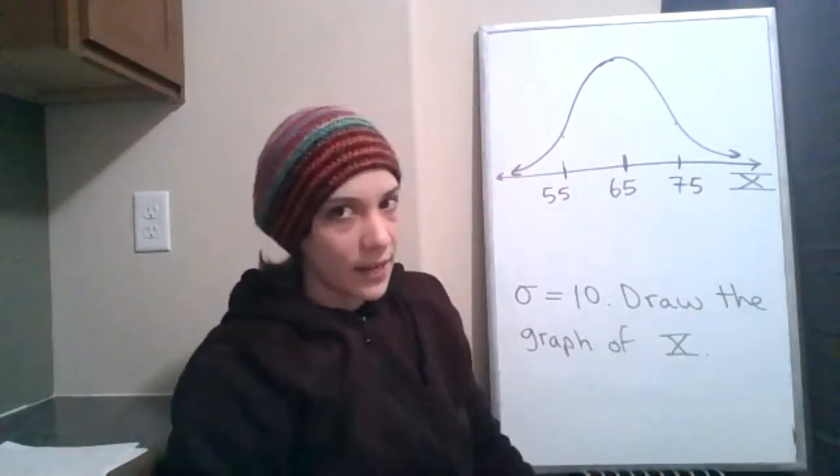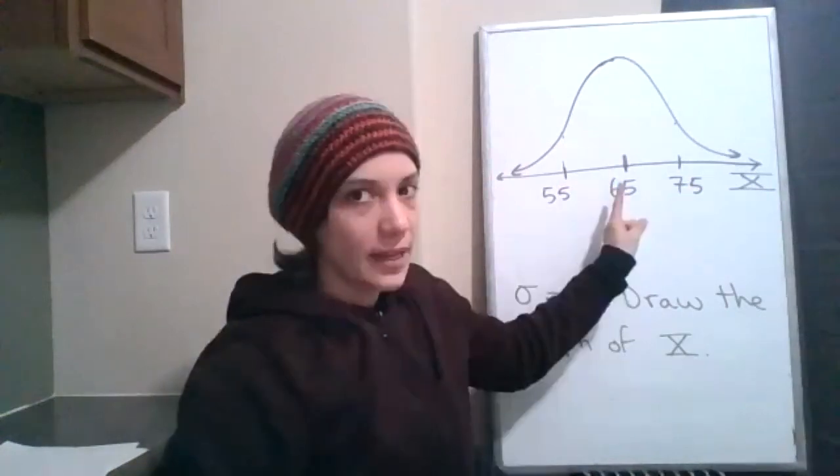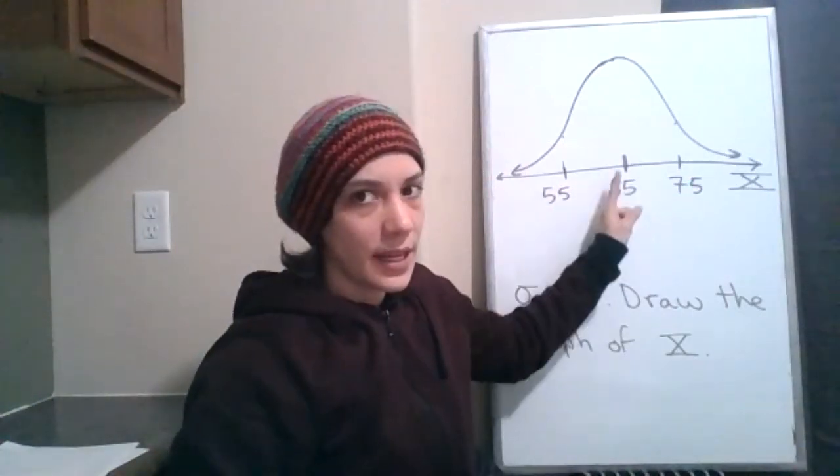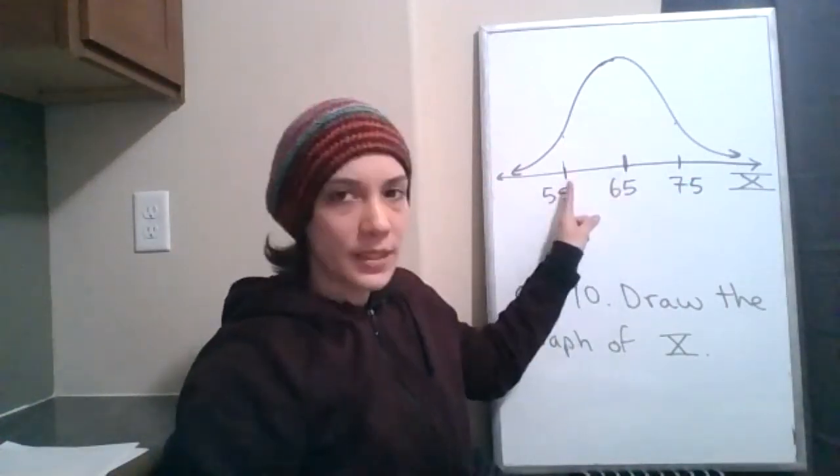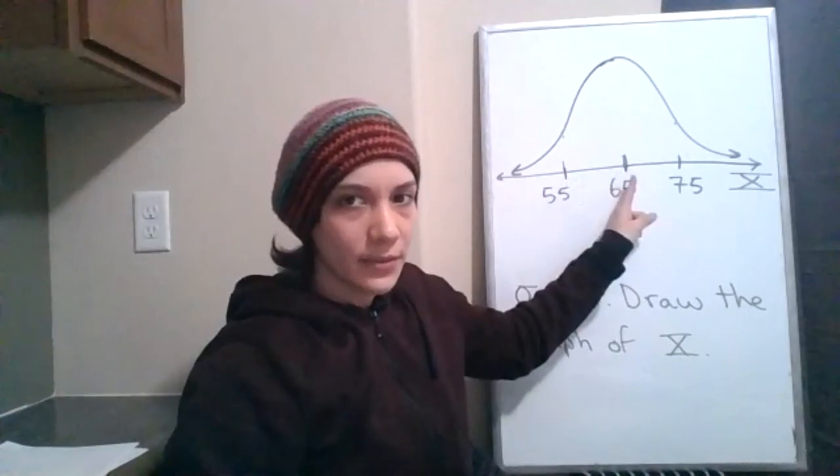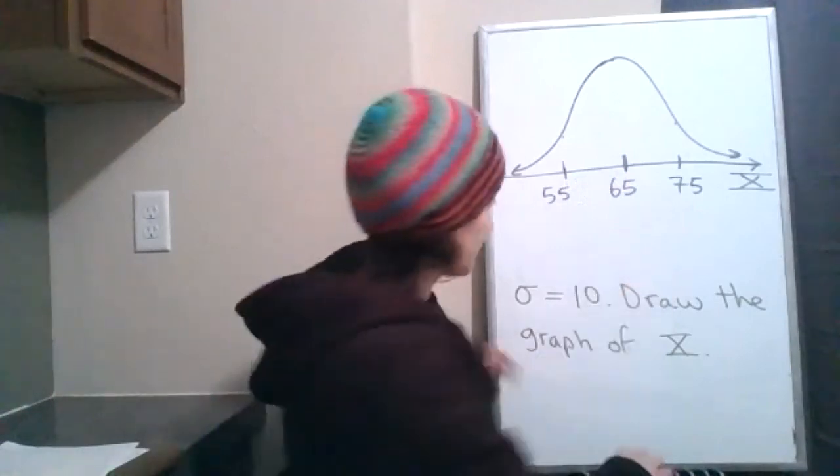And that's the most we're going to have going on for these graphs. The curve doesn't cross the axis, it's centered at the mean, and we're going to have inflection points at the mean minus one standard deviation and the mean plus one standard deviation. That's good enough.